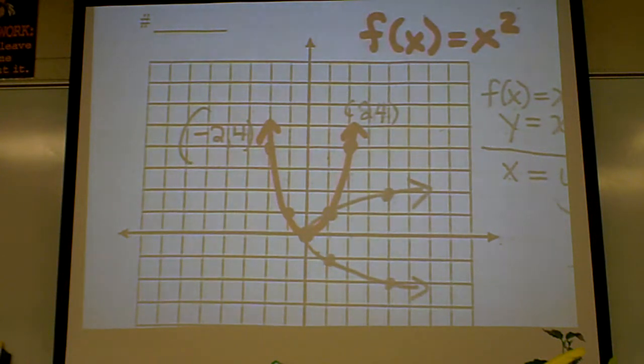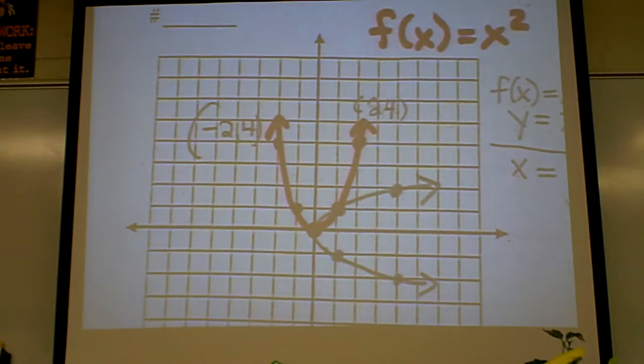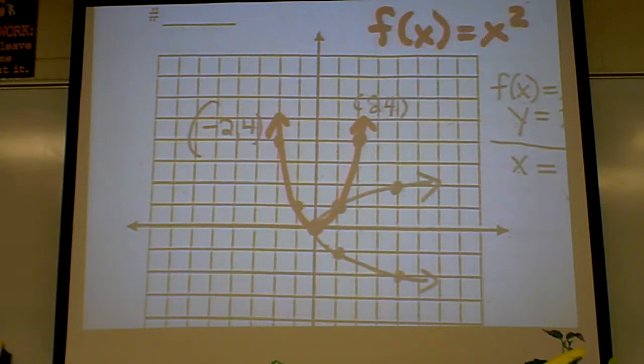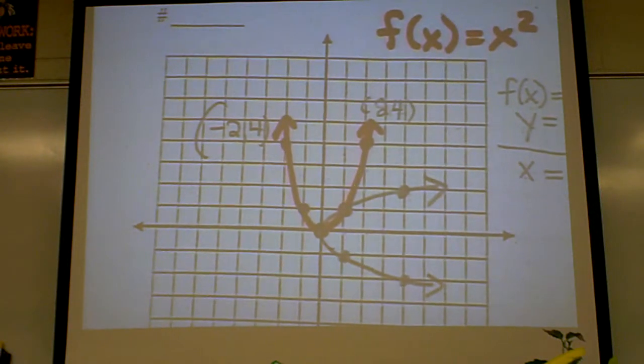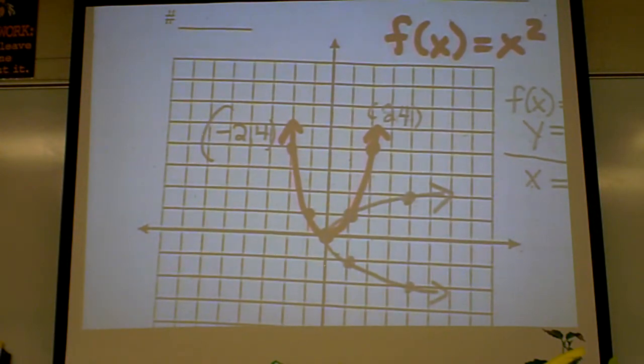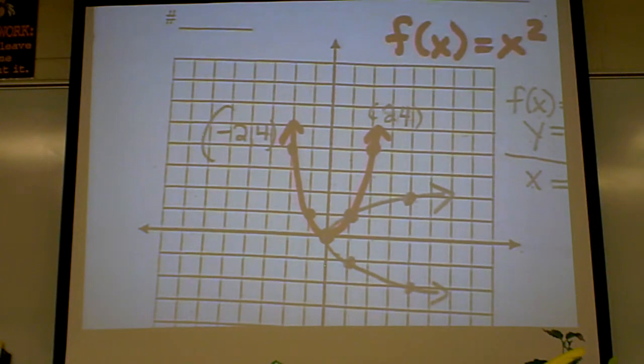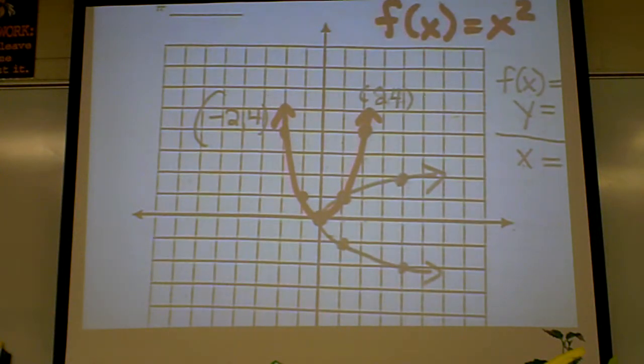In 3.4a, when you had an equation and it said make this algebraically symmetrical to the x-axis, what did you do with that equation? Because you have to do this on your test. Please remember.